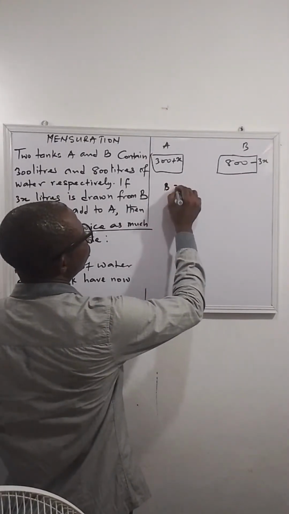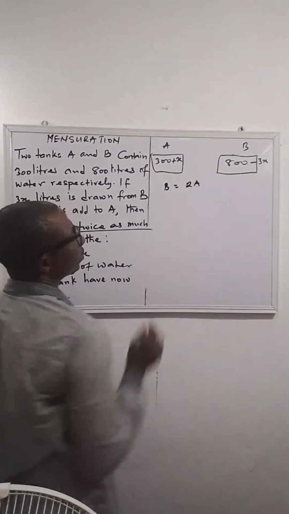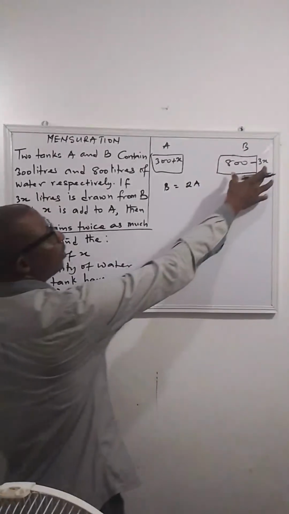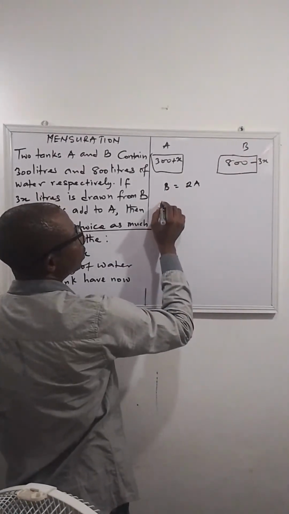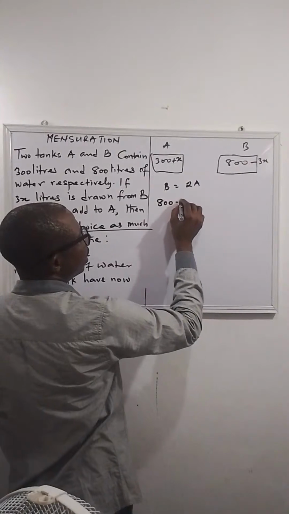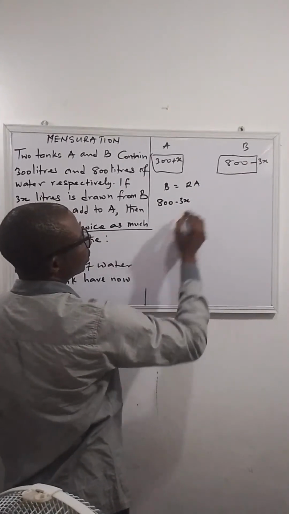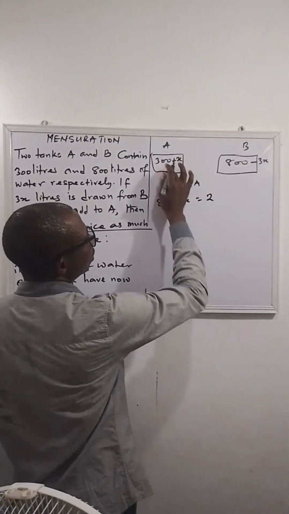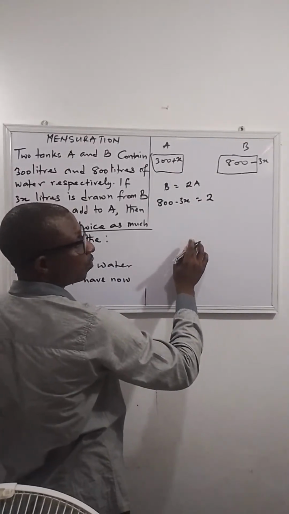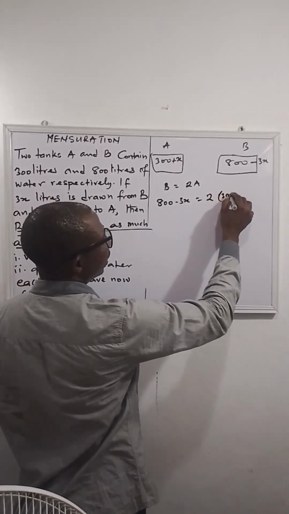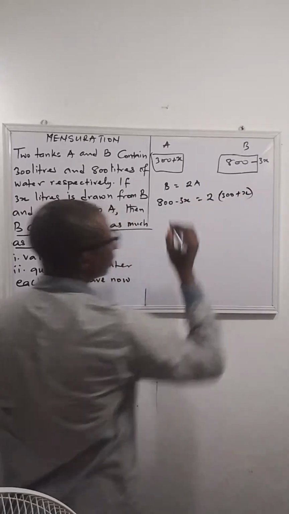All right. Now, the volume of water in B is 800 minus 3x, which equals 2 times the volume of water in A. That's 300 plus x.